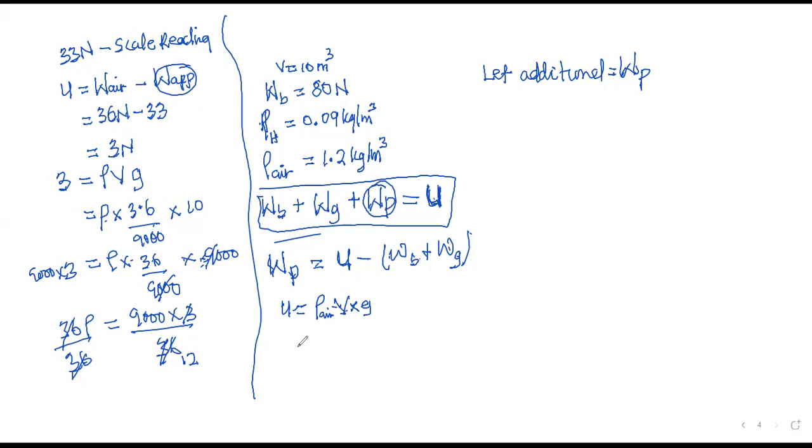1.2, but let me check the units because density, let me check how it was given to us, as to whether it was given in gram per cm cube or kilogram per meter cube. Okay, so a balloon has a volume on the ground of 10 meter cube, and the balloon fabric weighs 80.